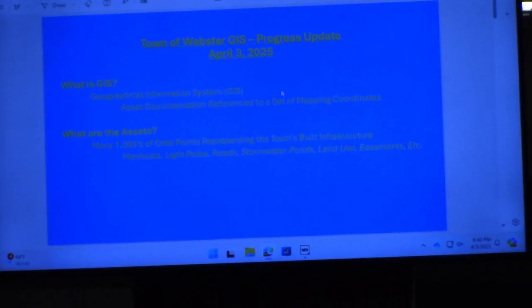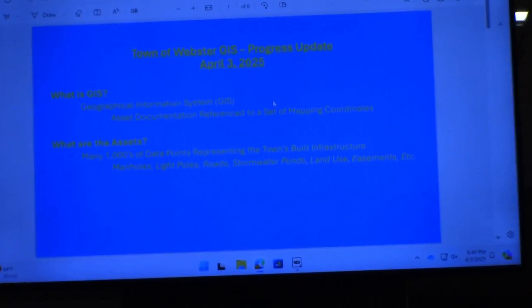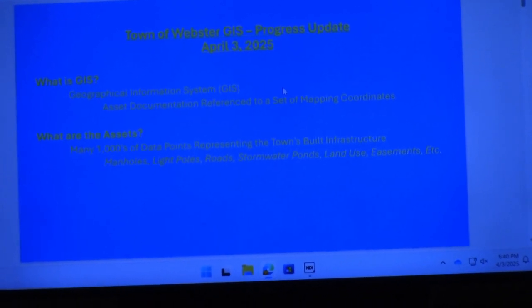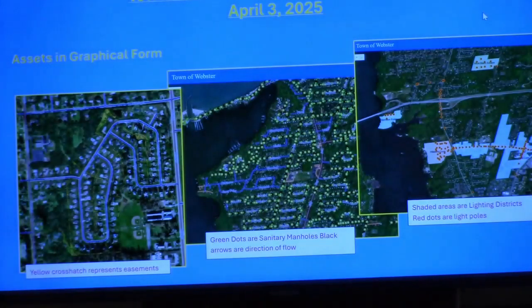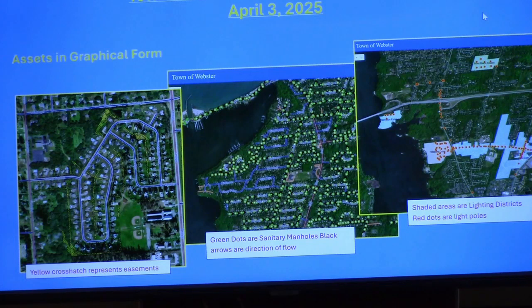And we know we have thousands and thousands of points of data representing the town's infrastructure. So what people really think of when they say GIS is these types of maps. To the right is one of our street lighting districts.